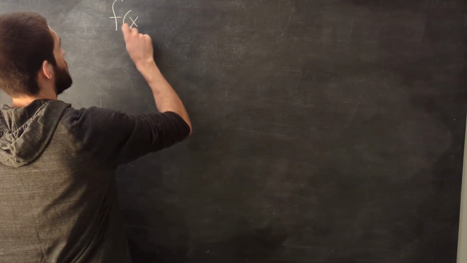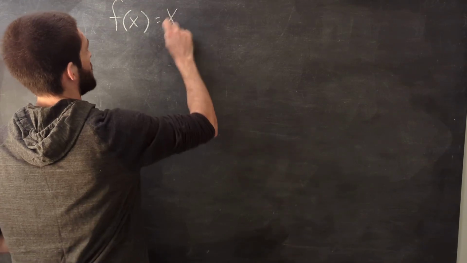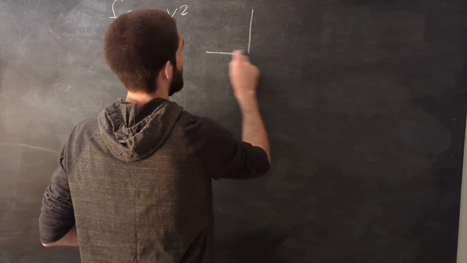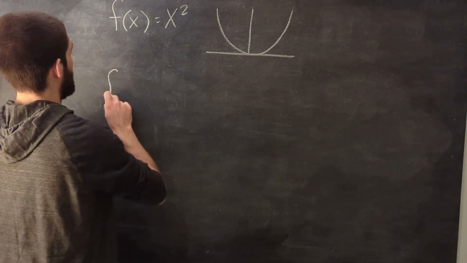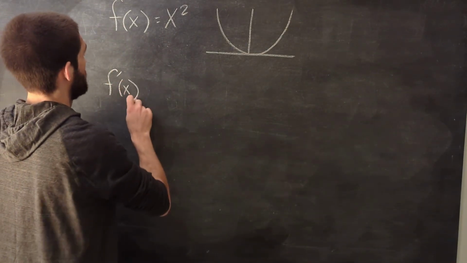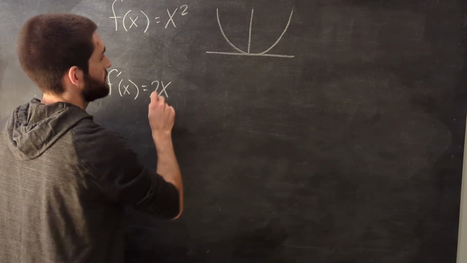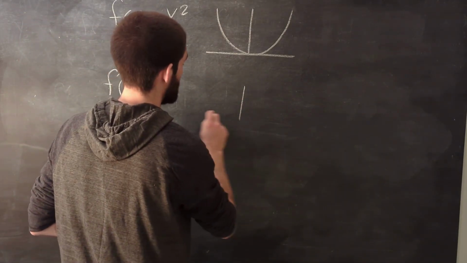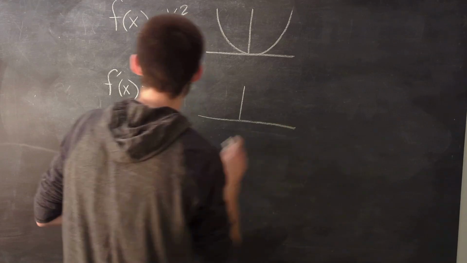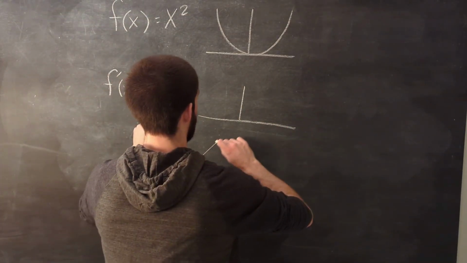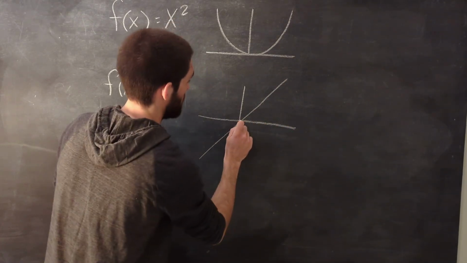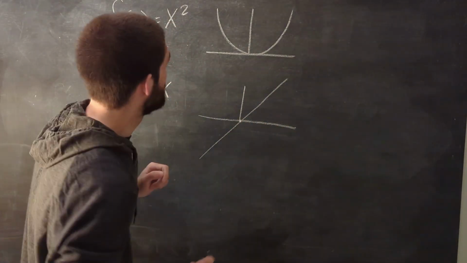If f of x equals x squared, we have a graph that looks like this. And its derivative, f prime of x, equals 2x, which you should recognize as just a line with a slope of 2, through the origin.